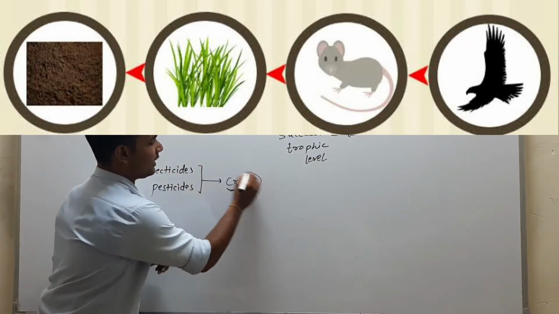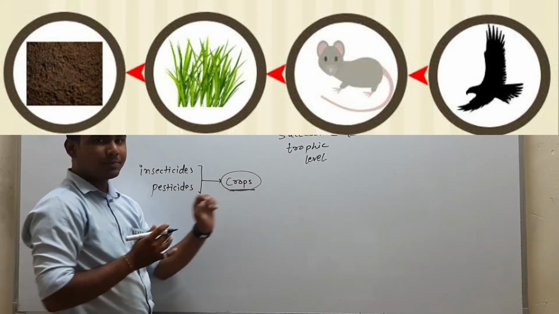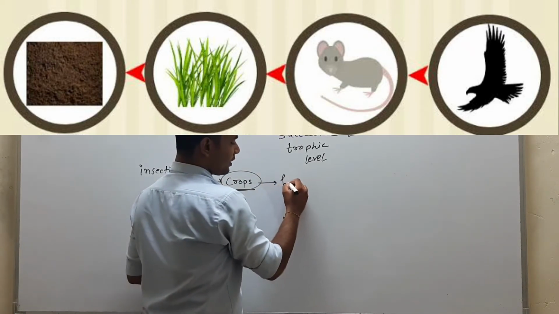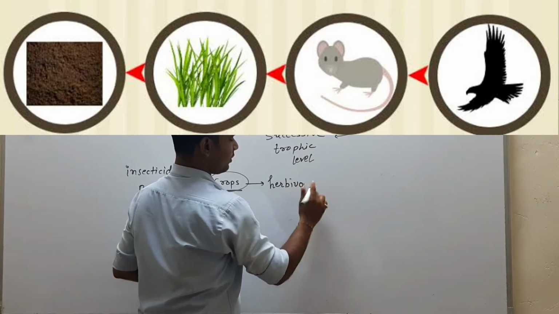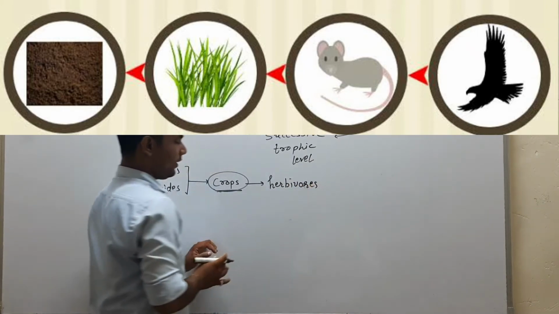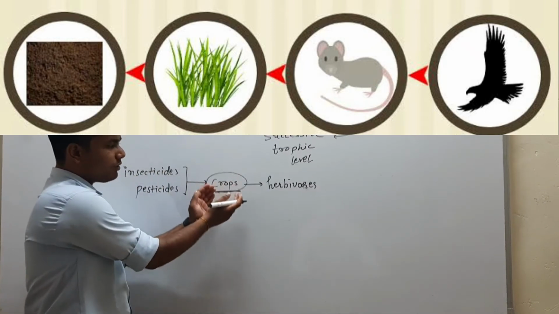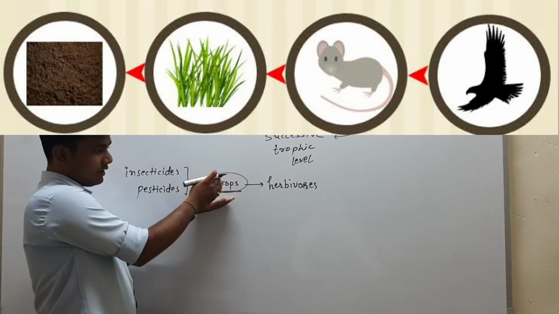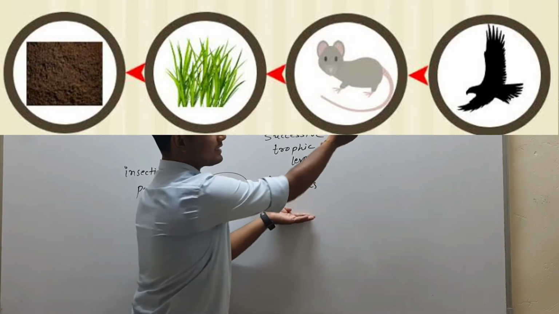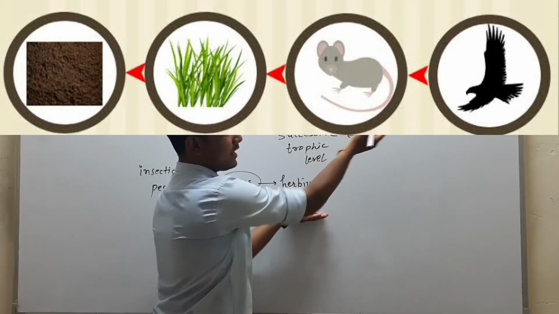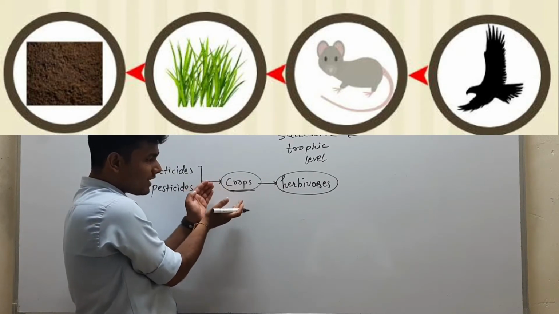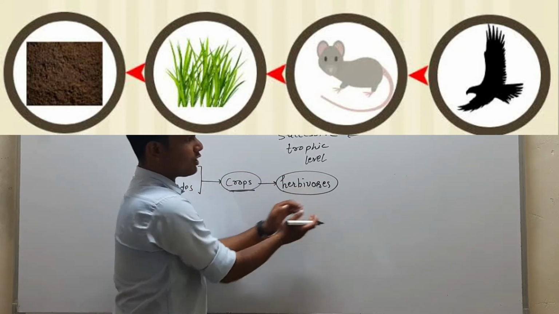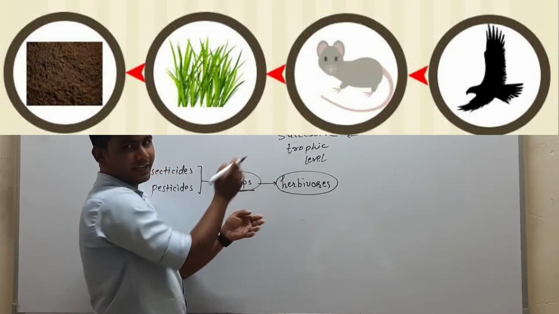They will be absorbed by crops. Now these crops are used by herbivores, okay. So from one trophic level to another trophic level, here we can see, the non-biodegradable toxicants are transferred from crops to herbivores. As they are transferred from one trophic level to another, their concentration will increase.